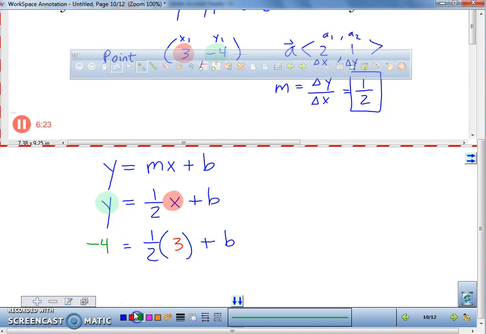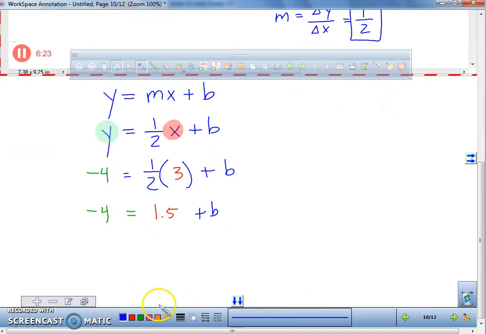So here we go. Negative 4 equals, what is half of 3? Half of 3 is what? That's right. If I wanted to, I could put 1.5, or you could put 3 over 2, plus b. And now watch. All I got to do to get rid of 1.5 is take away 1.5, and then I take away 1.5 on the other side.